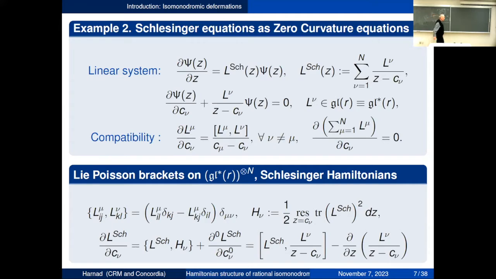And Schlesinger showed already the necessary and sufficient condition under deformations: the only parameters that you can play around with are the locations of the poles. So if you fix the poles, you can't do it. You give the monodromy fixed poles, you can't change the coefficients of the Lax function. But if you allow the poles to move around, it's all isomonodromically equivalent. Then there's a dependence of the Lax matrix, of all the Lax matrices, on these deformation parameters.